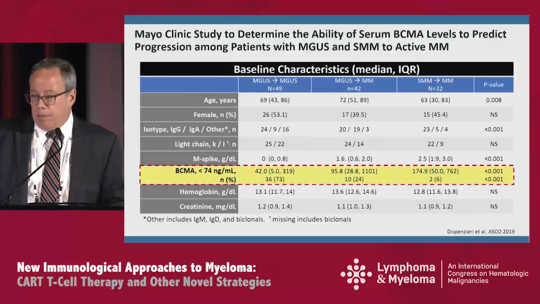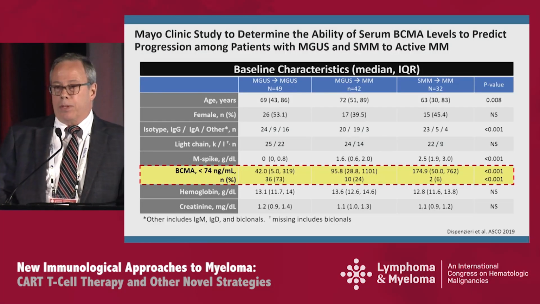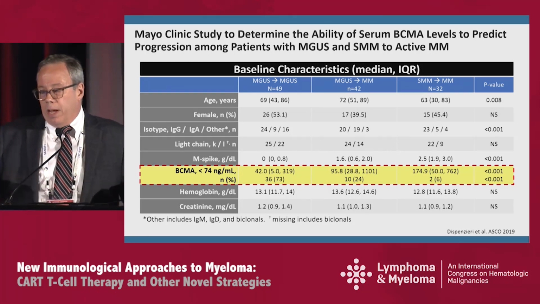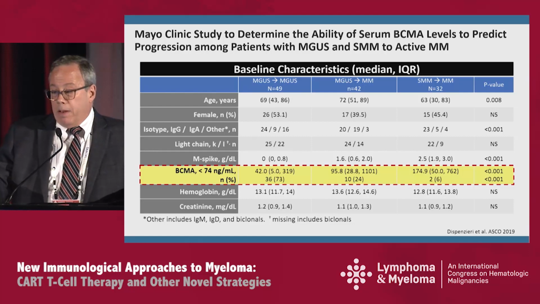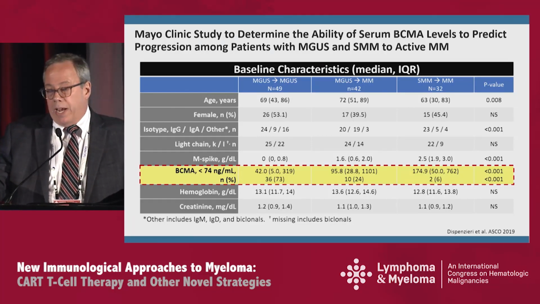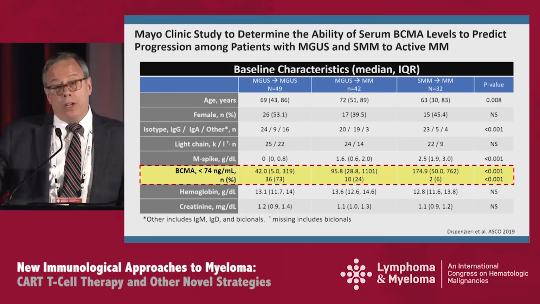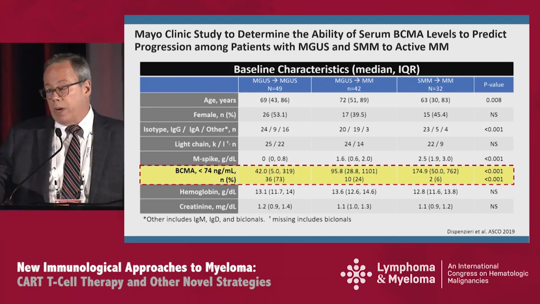We also, in collaboration with Angela Dispenzieri, who just presented at the meeting, have looked at whether this can predict who with MGUS is going to get myeloma, and pay attention to the yellow line. So if you look at patients who stayed at MGUS, their median BCMA was but 42. It was 96 for those patients who did transform to myeloma, and what you note is there's actually a threshold, 28.8.